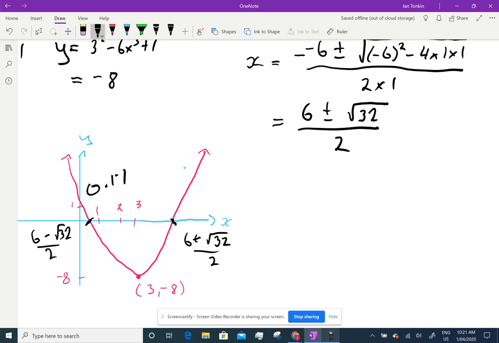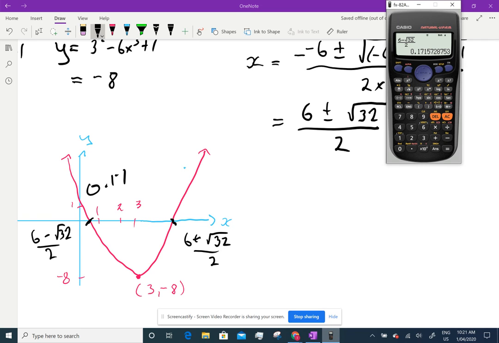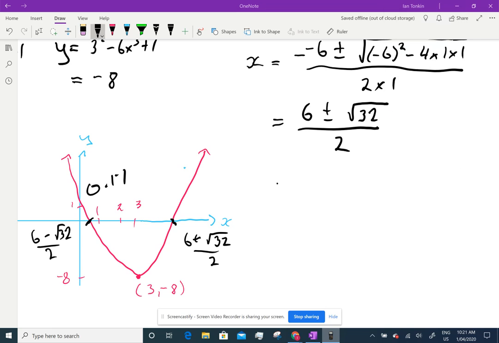And let's go back and just change that to a plus. 5.82. So this one is 5.82.